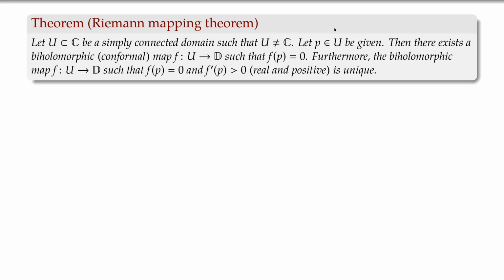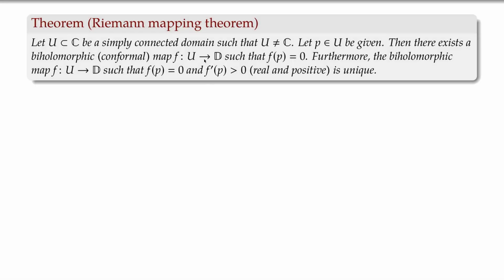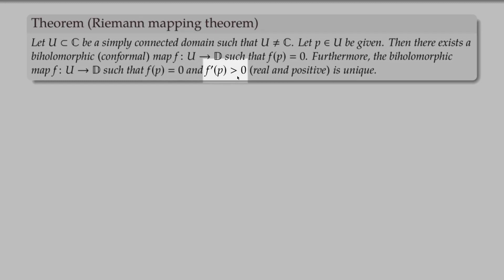Now, this map is also unique in the sense that it's the unique map such that f prime at P is real and positive. Now, this notation f prime of P bigger than 0 doesn't mean that we can compare complex numbers.